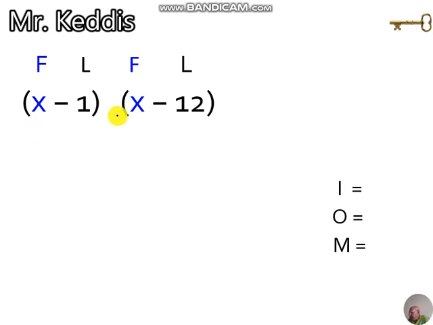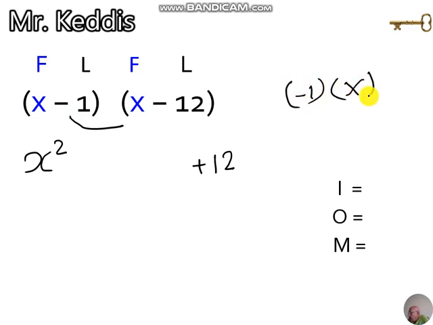Okay, x times x here is x squared. Negative 1 times negative 12, I get positive 12. I need to find the product of the inner terms, which is negative 1 times positive x. I get negative x.